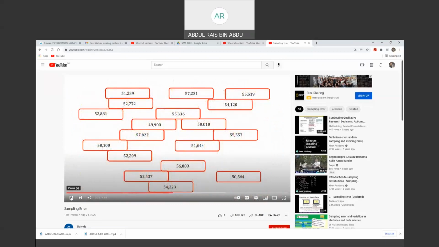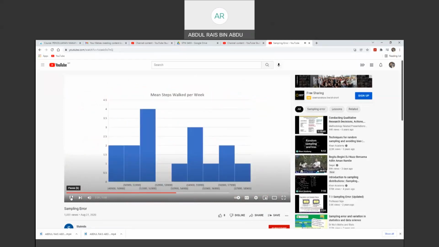Then we could think of the collection of sample means as a set of data itself. And we could look at the distribution of these sample means as a histogram. So each data point in this histogram is a different mean from a 10-person sample. And we can see that different samples have different sample means. This type of variation is called sampling variation, which is the tendency for different samples from the same population to produce different statistics.